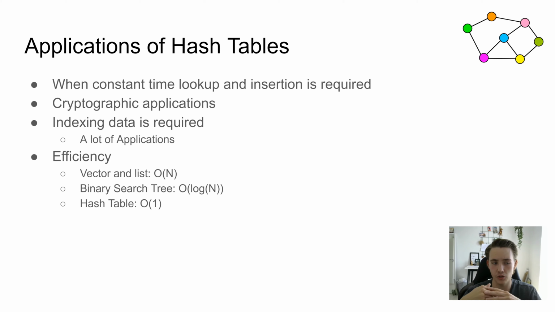And then just to round it off, here we have the efficiency for hash tables and other data structures, where first of all we have the vector and list, and it has the complexity O of n, so it has linear complexity, whereas the binary search tree here has O log of n. So it's still better to use a binary search tree over vectors and lists in this case for efficiency.